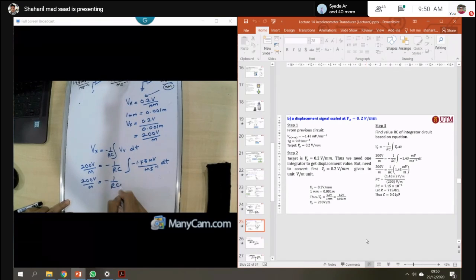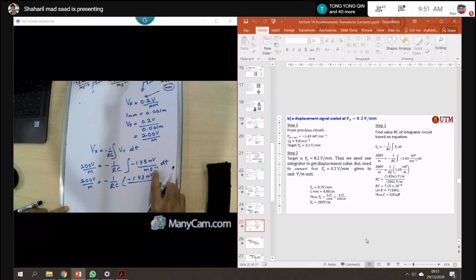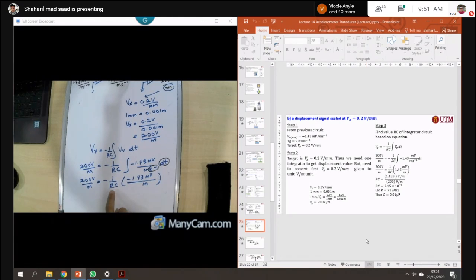So when you integrate, that means the per second will be lost. So now it becomes meter only. Okay, so this is the concept of integration dt. Now the M and N we cancel. That means you want to find the RC value. So RC is 1.43 millivolt, which you divide by 200 volt here.